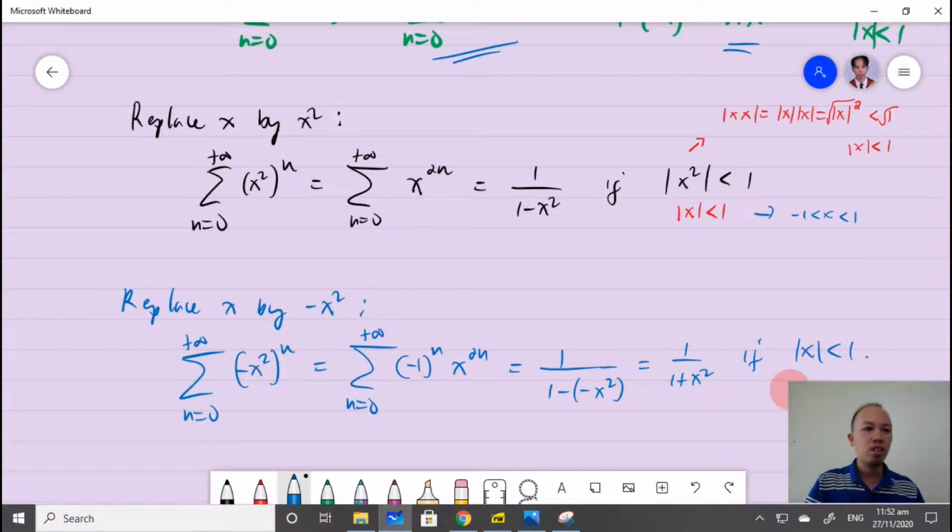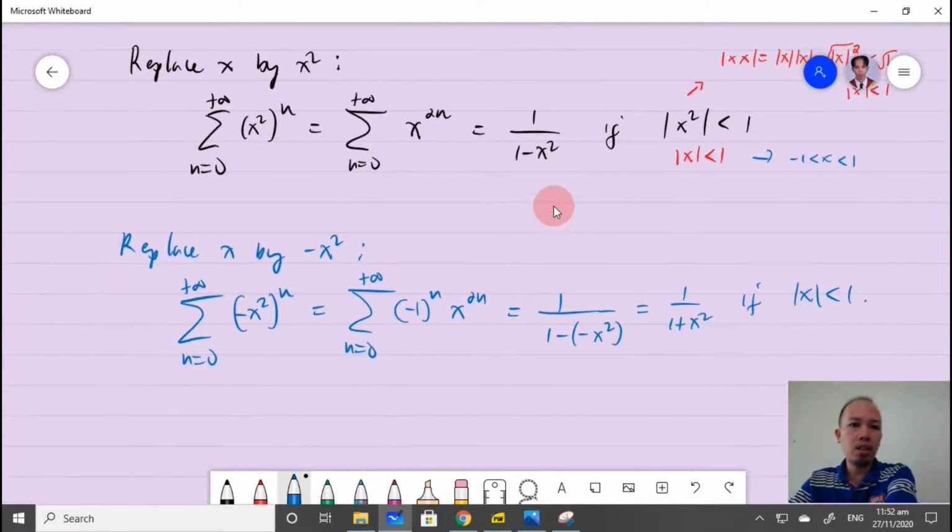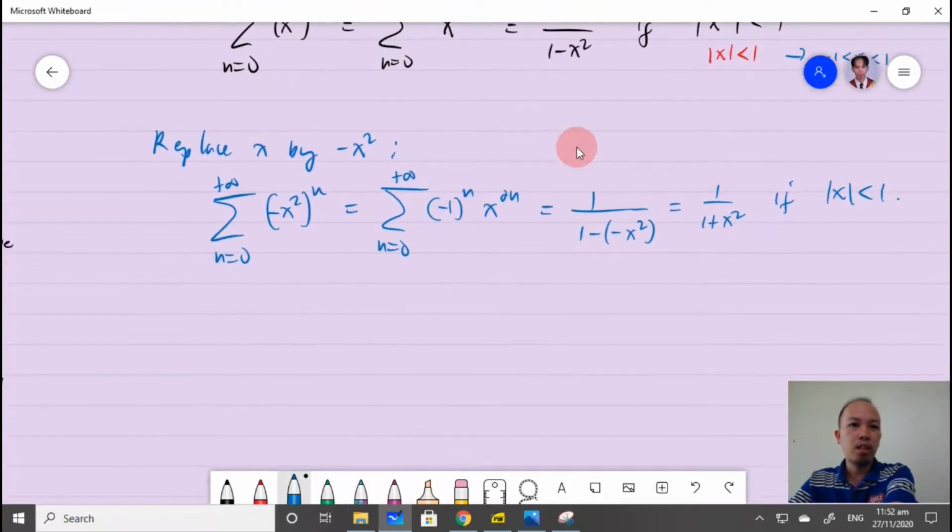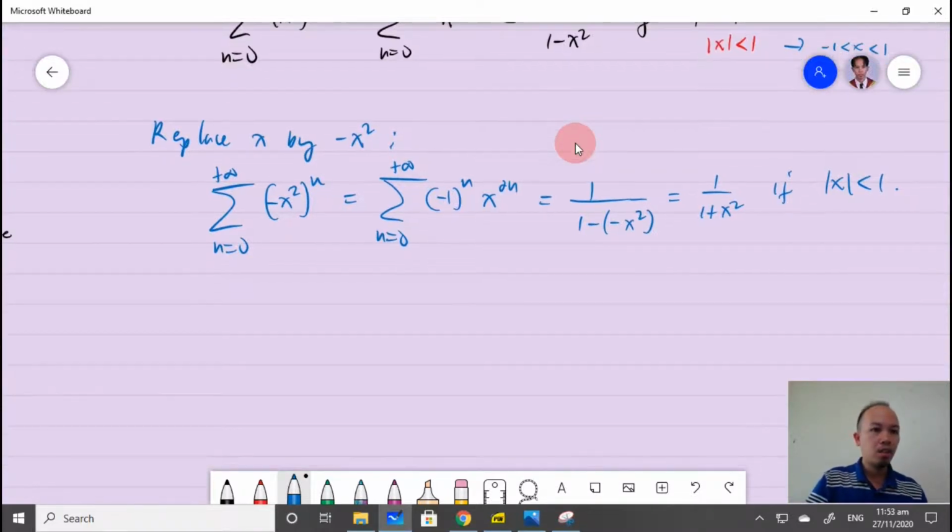So what's the point of replacing x by some other expression? Let me put a note here in this discussion.